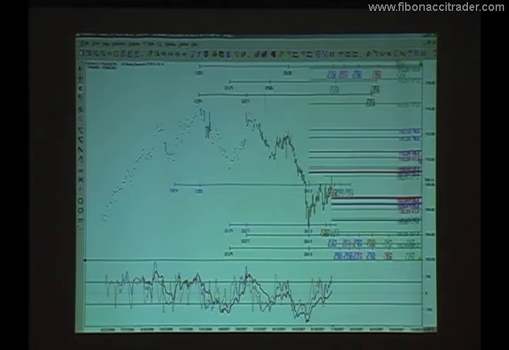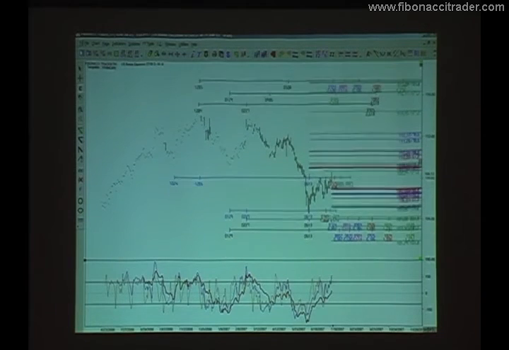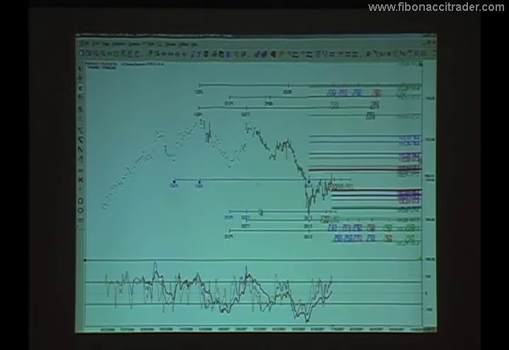Let's move that and see what kind of lineups we're getting. 724. Yep. 723. 711 is passed. 718 is too. 724, 725, 723. We have a lineup. That's timing for a high, which would be timing for the termination of the corrective rally.